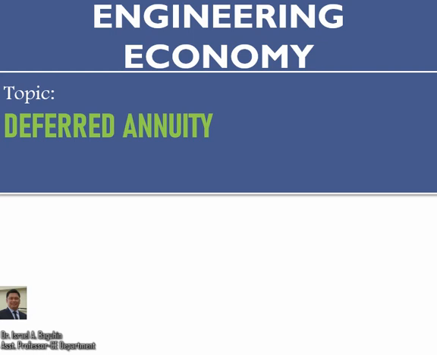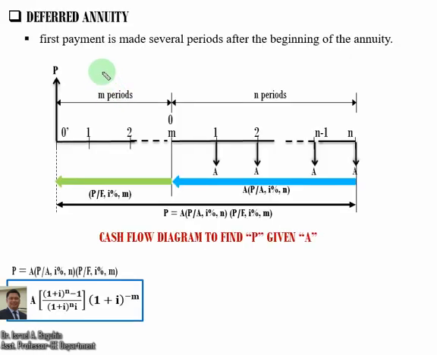So, by definition, deferred annuity is when the first payment is made several periods after the beginning of the annuity. It is called deferred annuity because some payments, or amortization, or annuity were just postponed, or moved to another date.